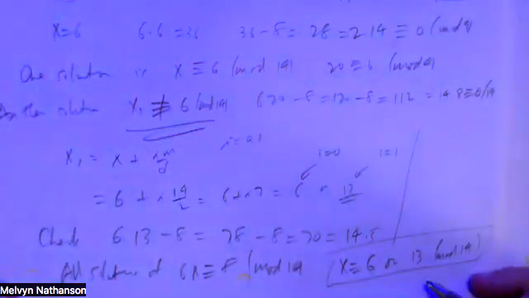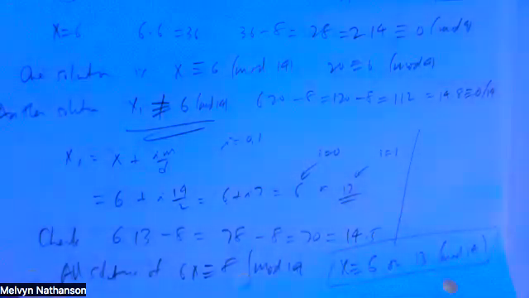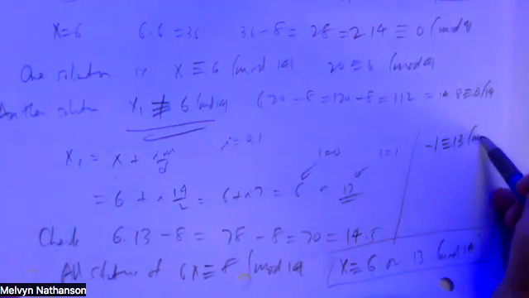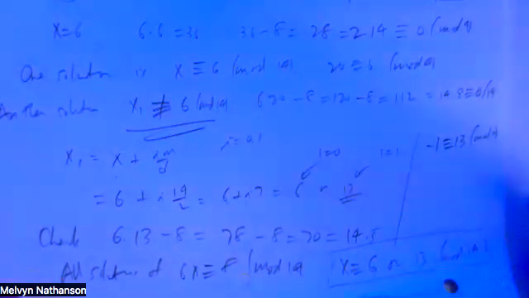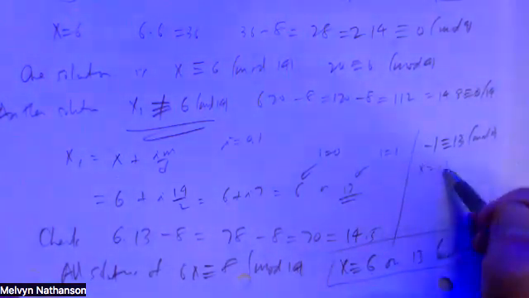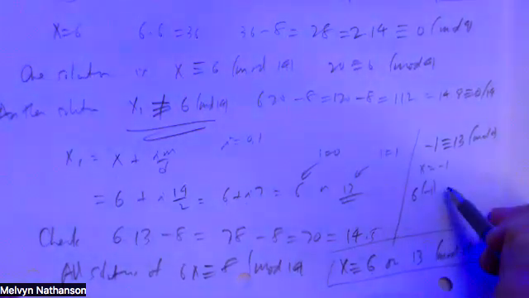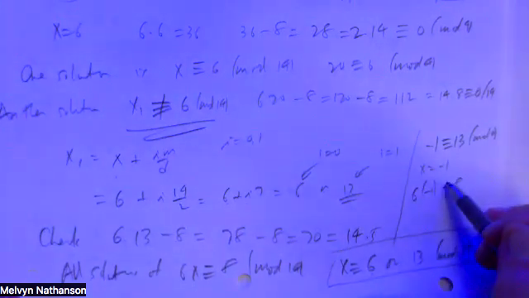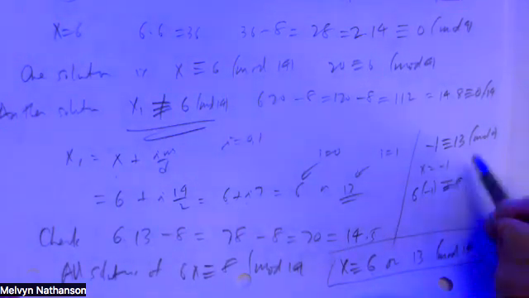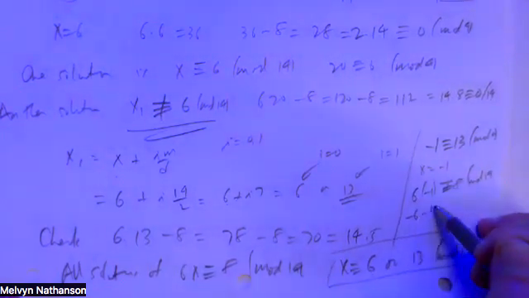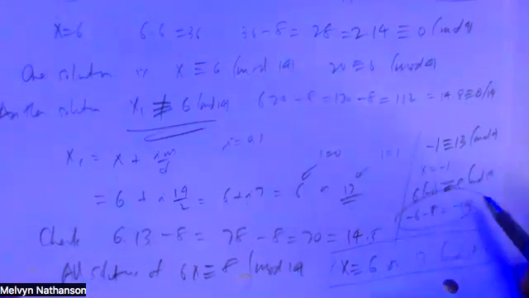By the way, what's another number congruent to 13 mod 14? Minus 1. Yes, minus 1 is congruent to 13 mod 14, because the difference is 14. In fact, if I let x equal minus 1, then 6 times minus 1 is congruent to 8 mod 14, because minus 6 minus 8 is minus 14.